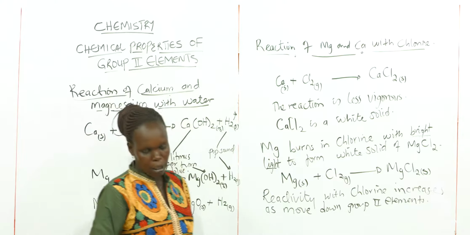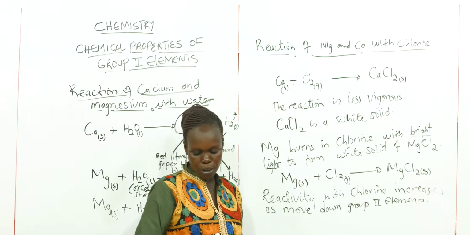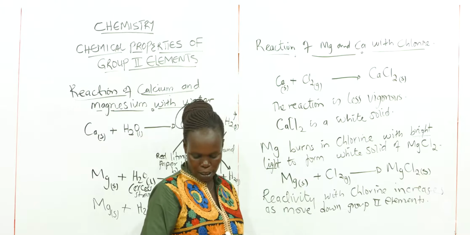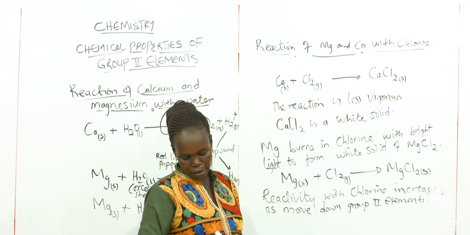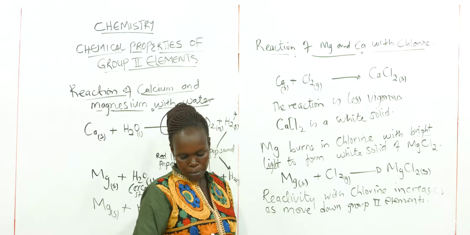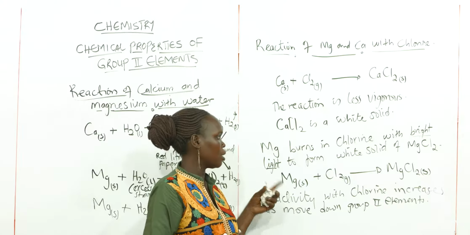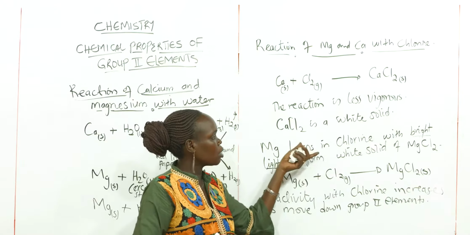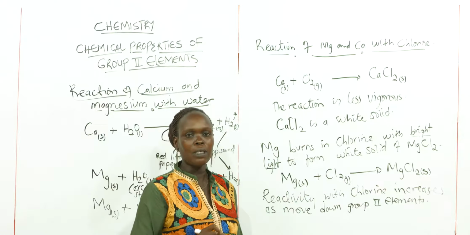So magnesium seems more reactive than calcium, but this is not true, because calcium is more reactive, only that a coat of calcium chloride forms very fast, such that the inner calcium metal cannot be easily reacted by chlorine. If you remember, I was saying that these metals have the ability of forming a coating outside the metal.